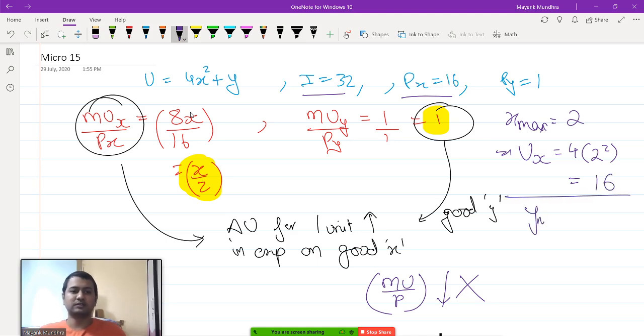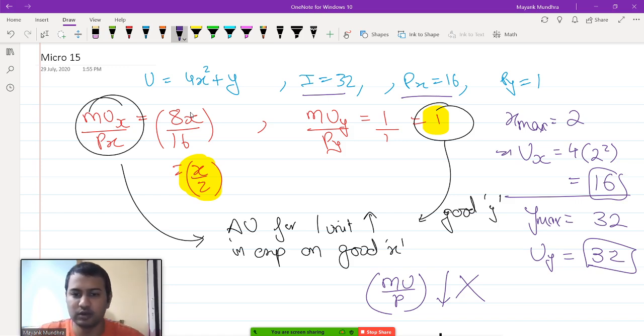And Y max, the maximum amount of good Y that he can consume, is 32. So utility from consuming just Y will be equal to 32. So consuming just Y gives him more utility. This will happen when marginal utility upon price is increasing.